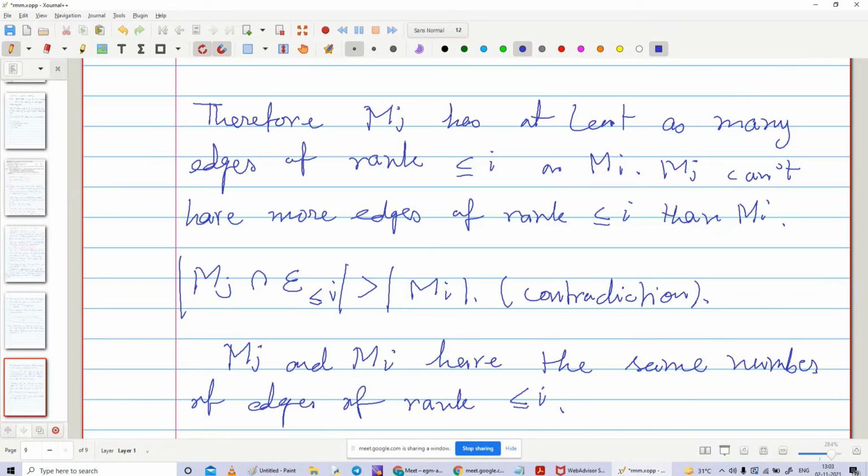But the thing is that the edges that are matched in MJ of rank less or equal to I, those will not be removed in G prime I, because those edges are matched in G prime J. That means those edges were not removed during the iteration I to J, right?